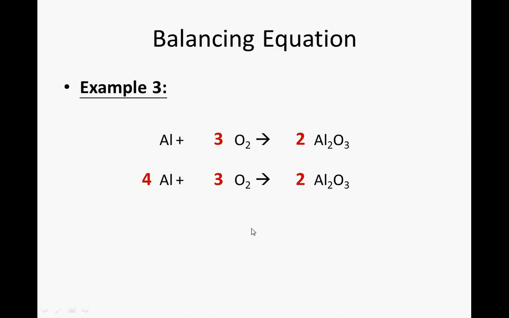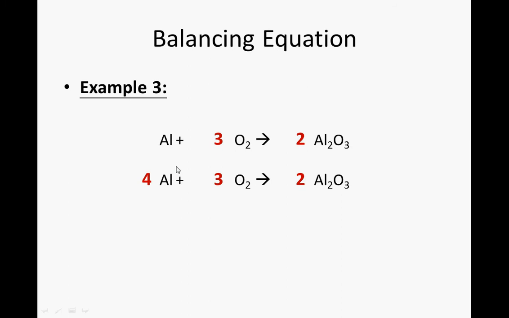Sometimes, regarding the order of balancing, I would suggest this because aluminium itself is just a single element. There is no 2 here, and it is not combined with others. Al is a single element, so it is the easiest for you to adjust the coefficient to match others.